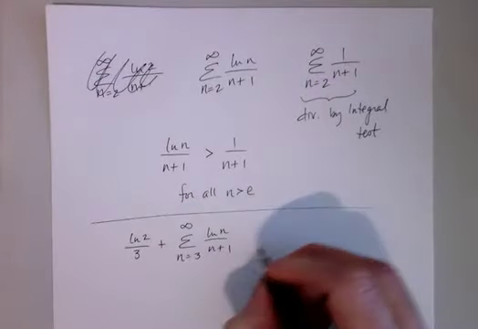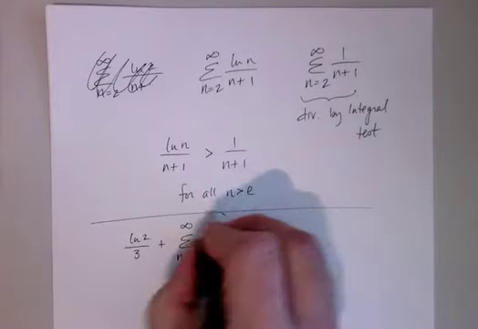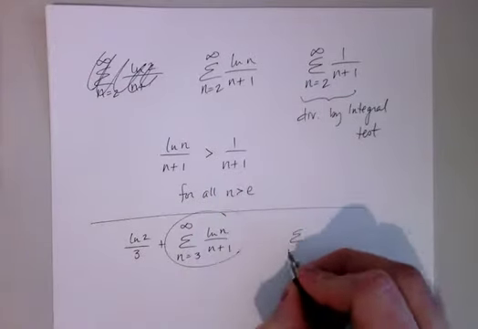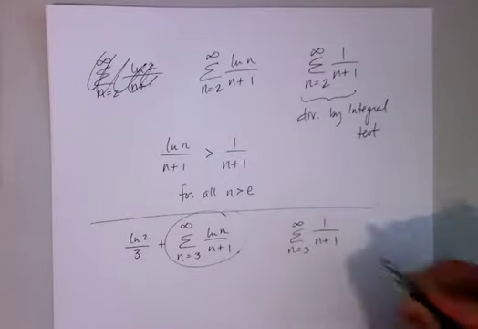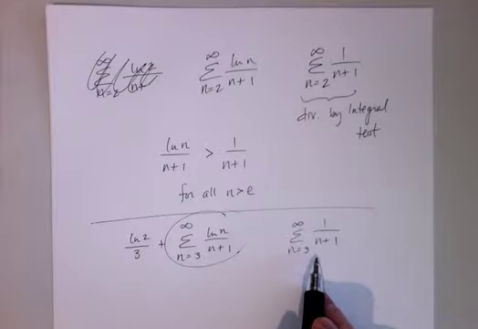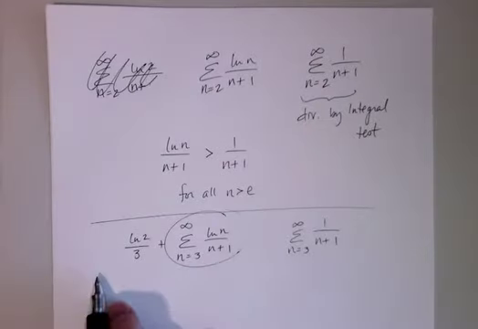And you compare this to n equals 3 to infinity of 1 over n plus 1. This is divergent. This is divergent. Divergent plus a constant is still divergent. So it is divergent by direct comparison.